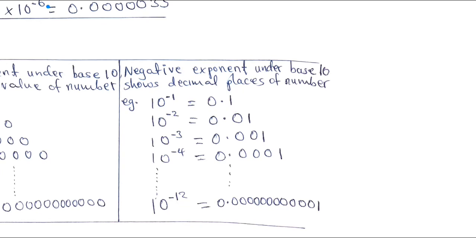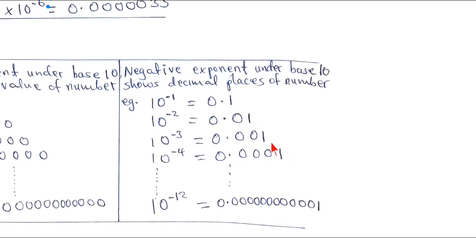10 exponent negative 2. Since the exponent is negative 2, you must have 2 decimal places, as you see here, 1, 2. This is 10 exponent negative 3. Since it is negative 3, you must have 3 decimal places, as you see, first, second, third. This is 10 exponent negative 4. So negative 4 shows there are 4 decimal places, as you see here, 1, 2, 3, 4.